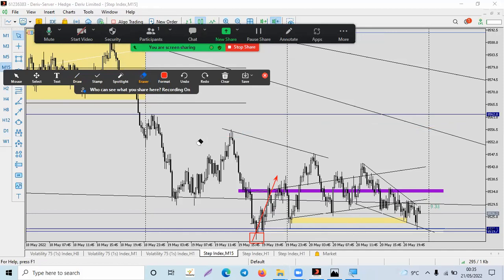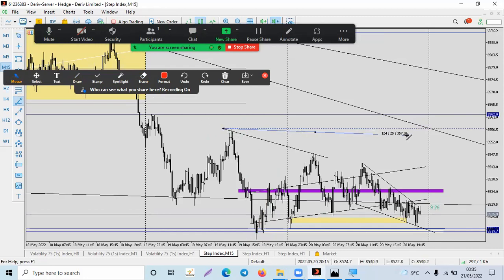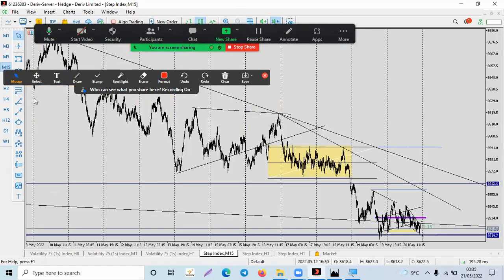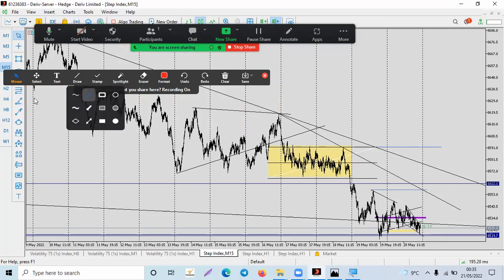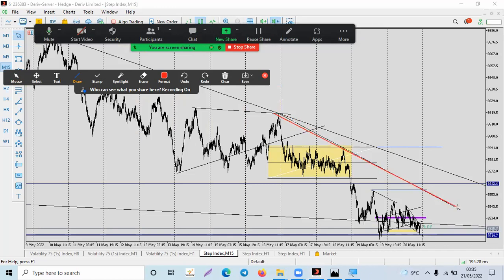Let me just plot the setup. We break, we change direction. On the other hand, we are targeting this trend line, this area, and that high. That's our target.